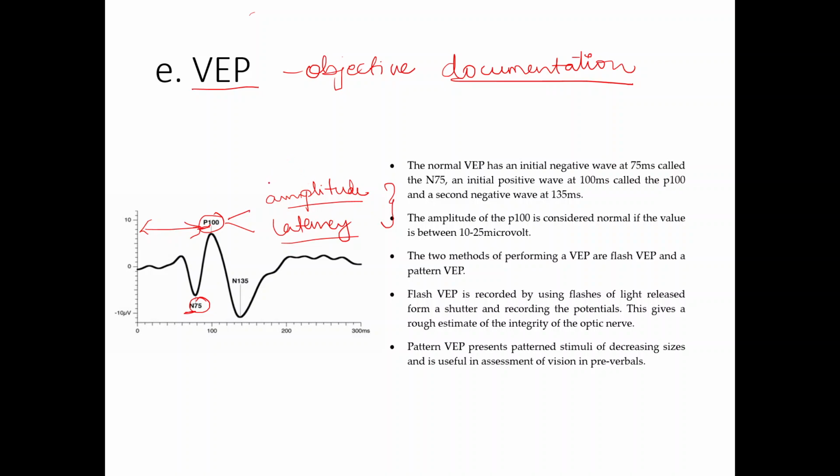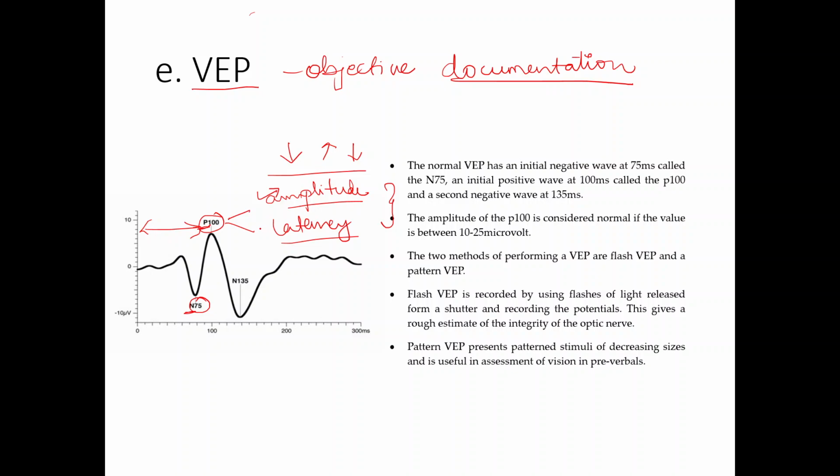In any acute setting, amplitude is always affected, and the recovery from the particular insult depends on the number of axons that have been damaged. So amplitude is low at presentation in optic neuropathies. It may become normal or it may remain the same after a period of time.